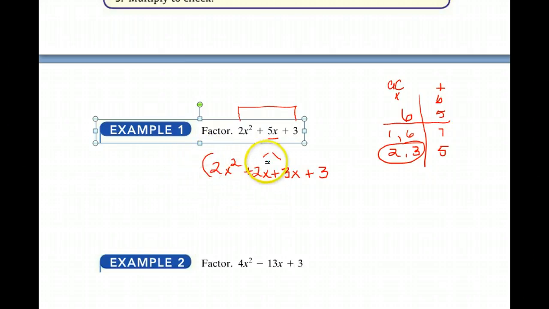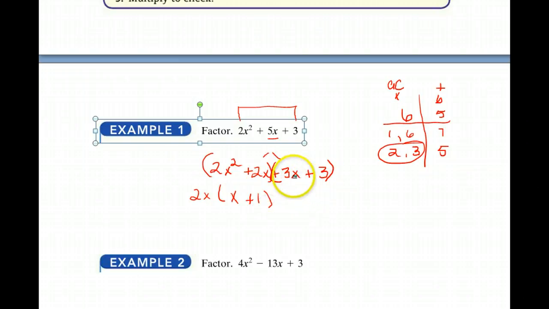So we're going to put two parentheses around the first two terms, and the last two terms. We now look for the GCF of 2x squared and 2x. We can factor out a 2x. 2x squared divided by 2x leaves me with x. 2x divided by 2x leaves me with positive 1.